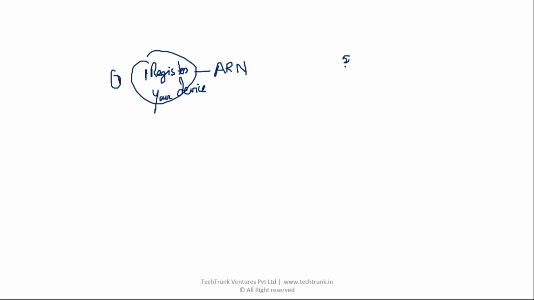Okay, this is step number one. Step number two is you have to create a security certificate for your device. That's step number two. All right, and you'll get some certificates like private key, CA certificate, and device certificate. Three certificates that you will be getting. Public key also will be generated, but you don't need to download the public key.